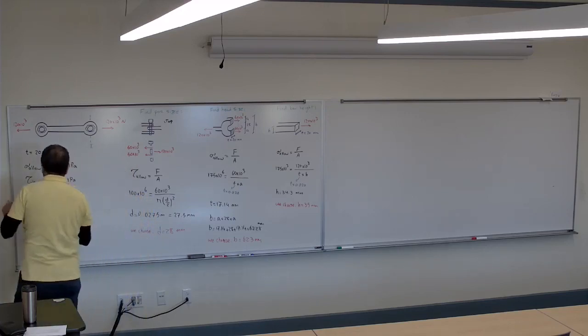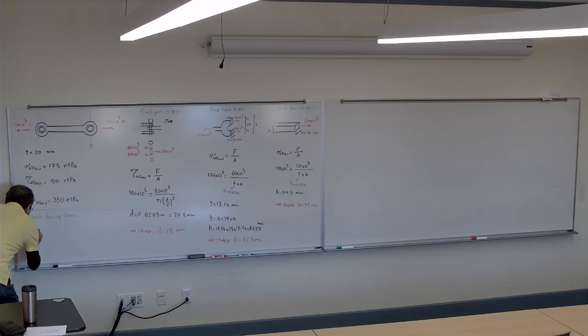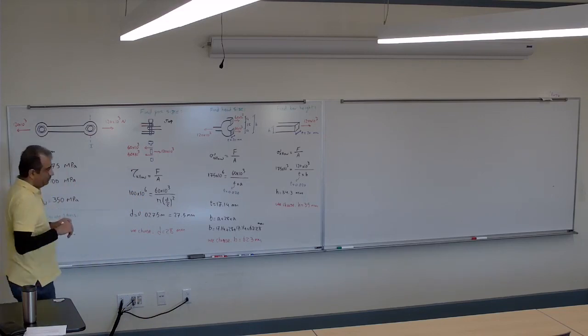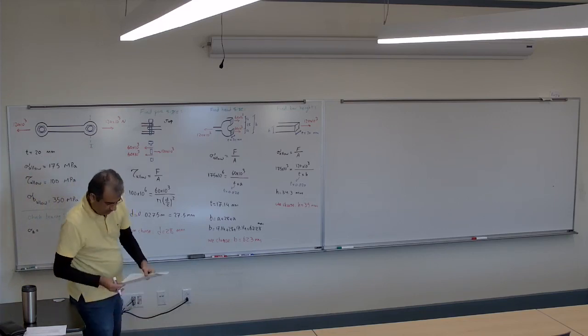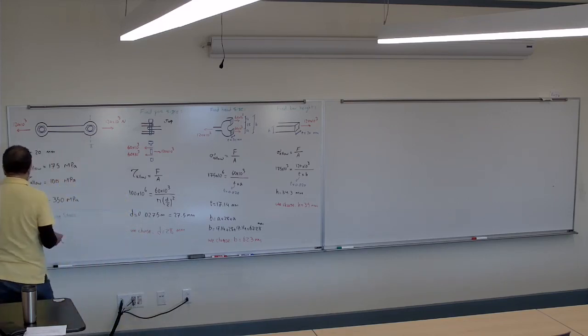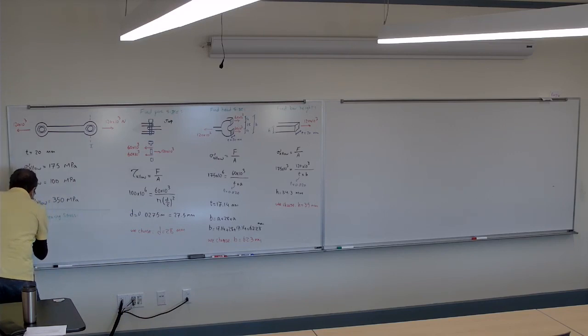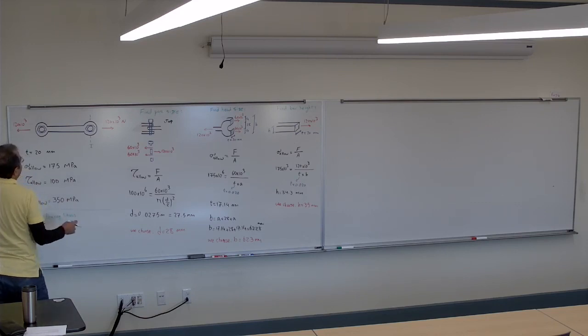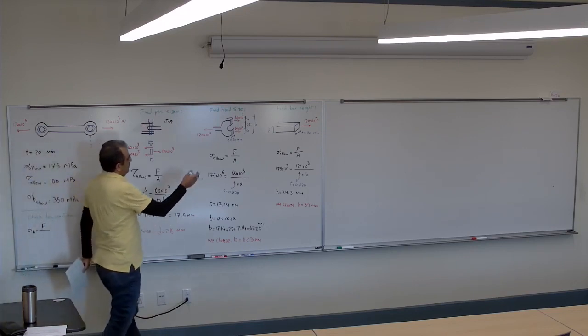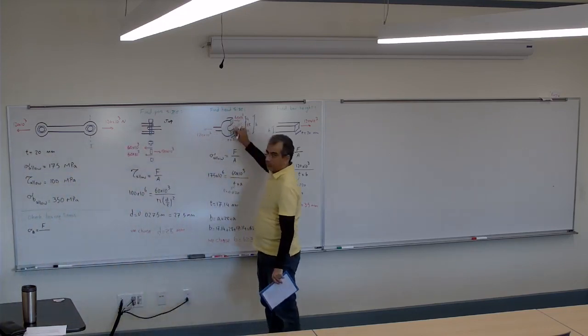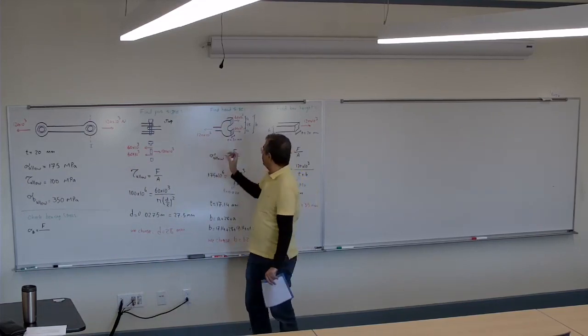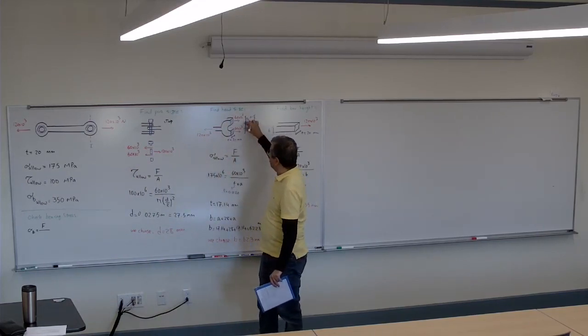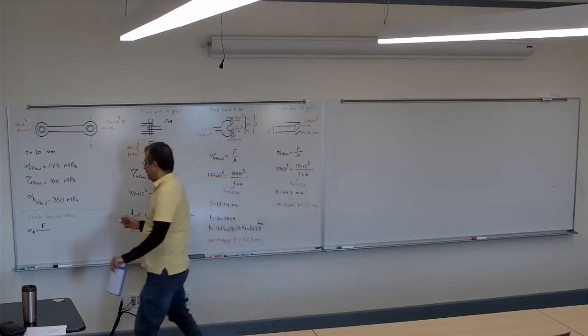So the sigma bearing is F divided by the area of this cross section of the hole, which is going to be T times D. Correct? If it's a D, it's a T, so it's going to be T times D.